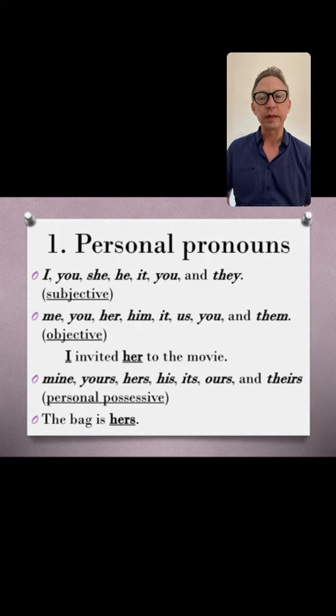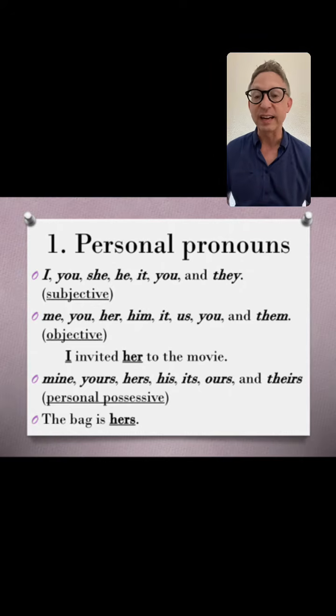And so then we have the objective case, so it changes a bit. Me, you, her, him, it, us, you, and them. So I invited her. I is the subjective pronoun. Her is the objective pronoun. I invited them. Them is the objective pronoun.